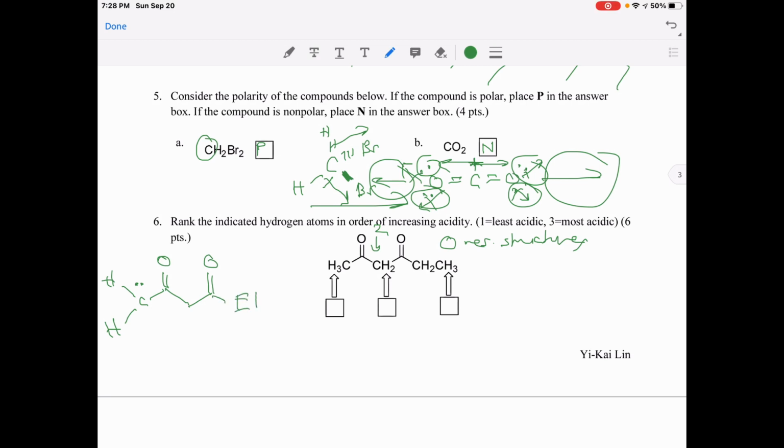Again, I'm using ethyl for the right side. So now we have this negative formal charge here. And unlike in our previous situation, it's not situated between two carbonyl groups. So we're only able to do resonance with one carbonyl structure. Let's go ahead and move the electrons around. When we do that, we get the following resonance structure.